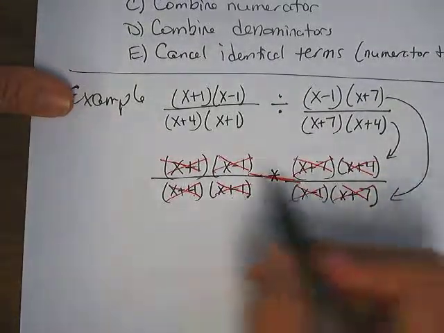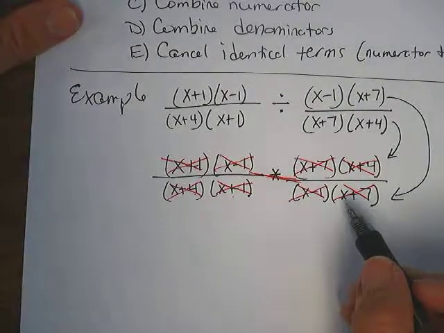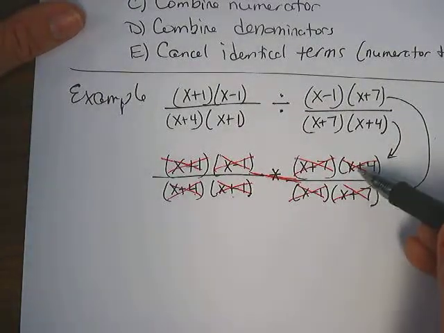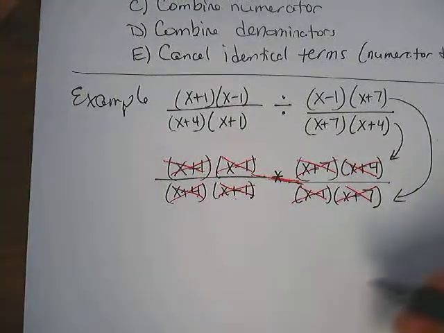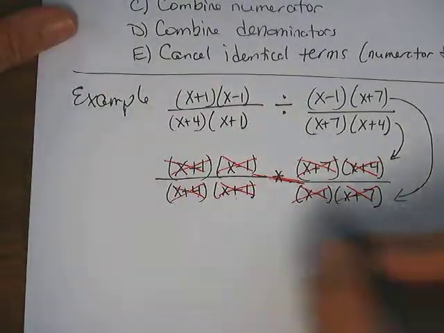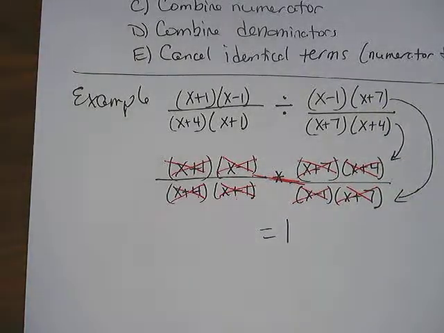Once we're done canceling, it looks like there's nothing left on top and nothing on the bottom. So that means that everything in the bottom divided into the top. And just like if you had a number, say 5 divided by 5, that equals 1. So anything divided by itself gives you 1.